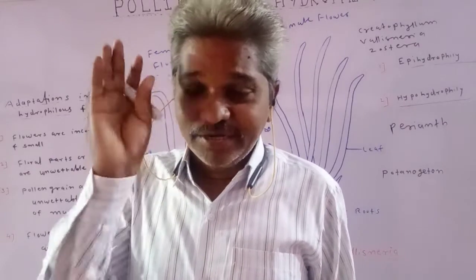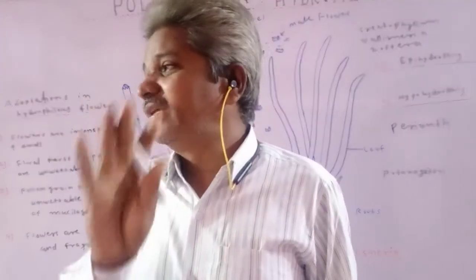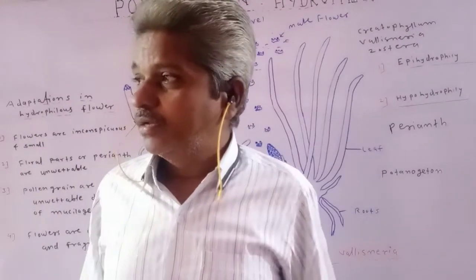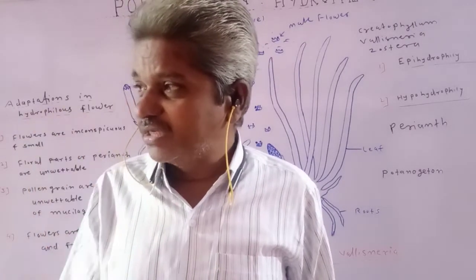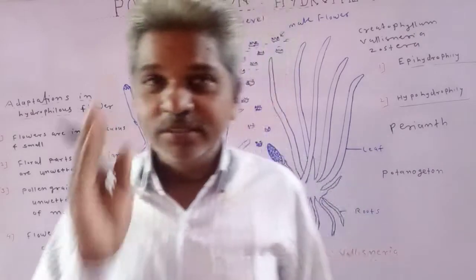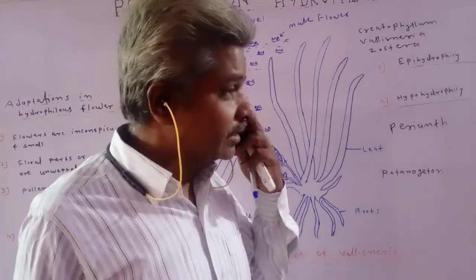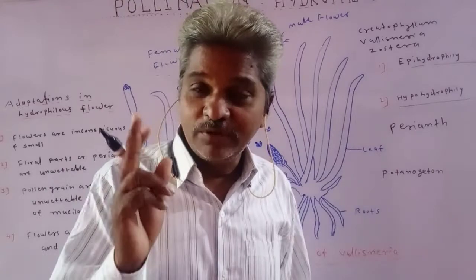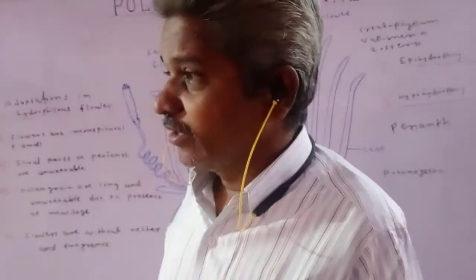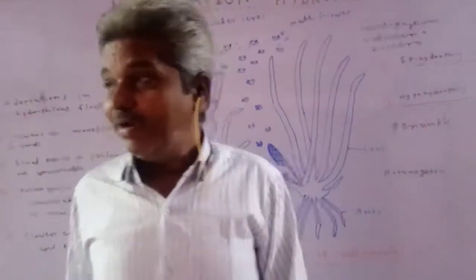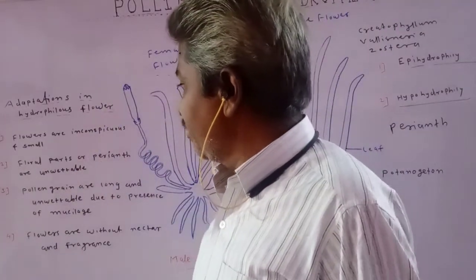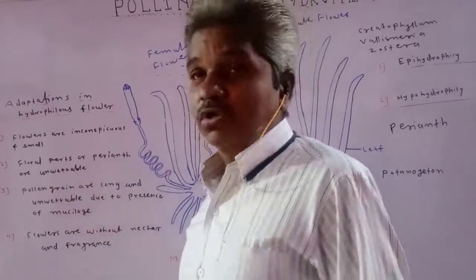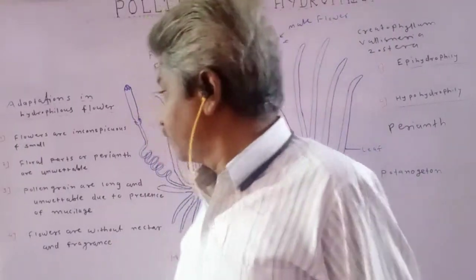Sepals are generally green and petals are colored, but when sepals and petals are similar, that is, indistinct, such members are called perianth. In the hydrophilous flower, the perianth is unwettable, which means it is waterproof.